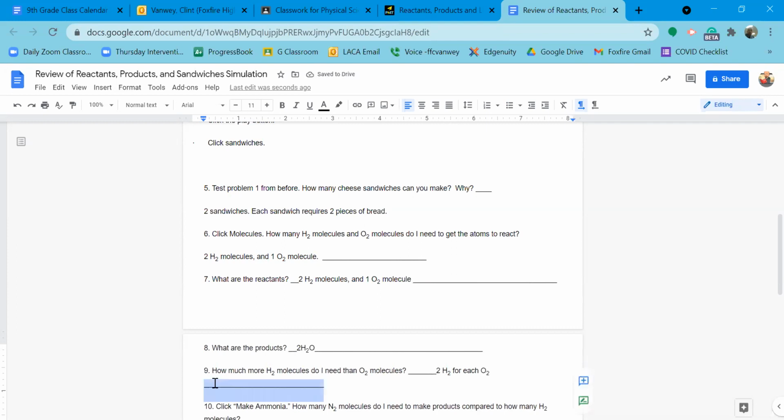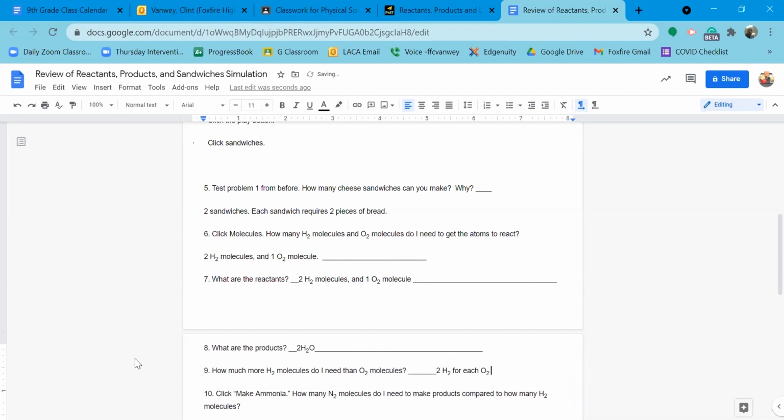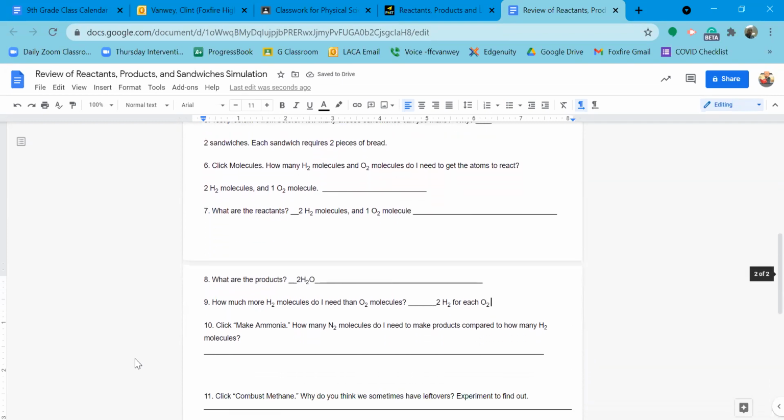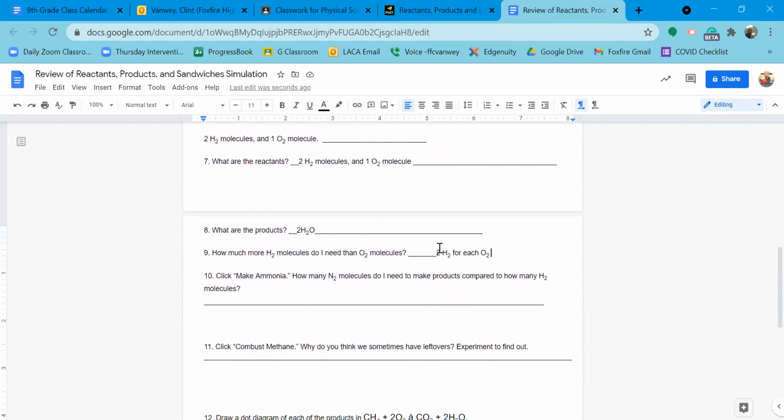I know that ratios might have freaked you guys out across the hall in your algebra class, but here we're talking about ratios. We need 2-to-1. The ratio between these two gases, in order for a reaction to happen, we need 2-to-1. And this is that fancy word I talked about yesterday, stoichiometry. It talks about these ratios. That's all that is.